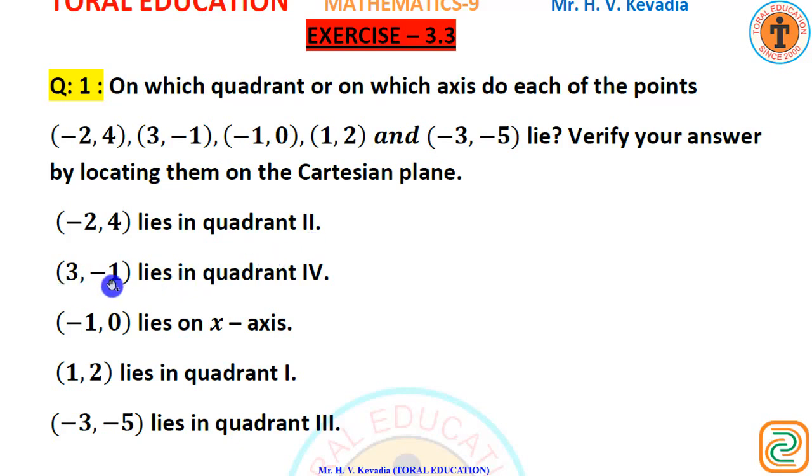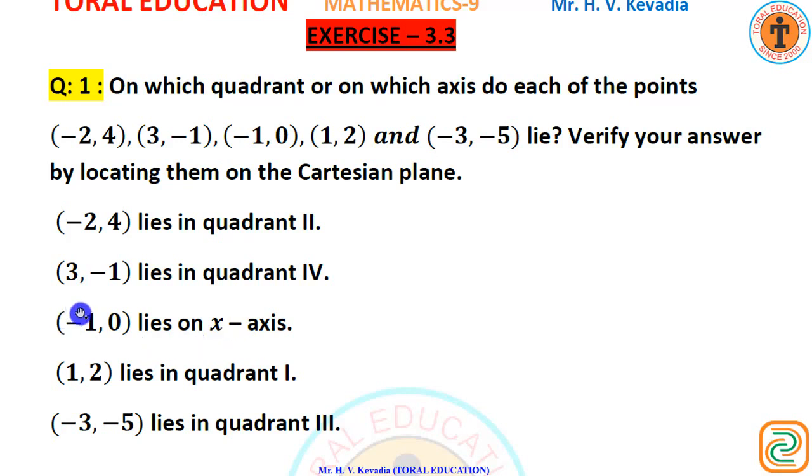3 and -1. 3 means x coordinate positive and y negative. It lies in quadrant 4, below quadrant 1. -1 and 0. It lies on the x-axis. If the y coordinate is 0, then the point lies on the x-axis.